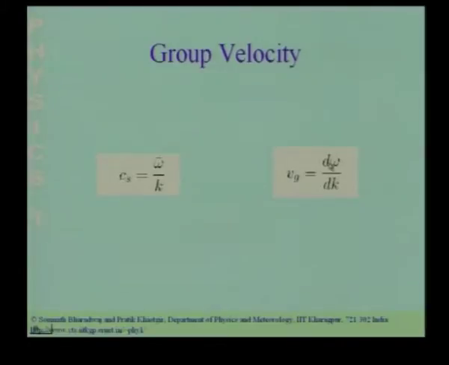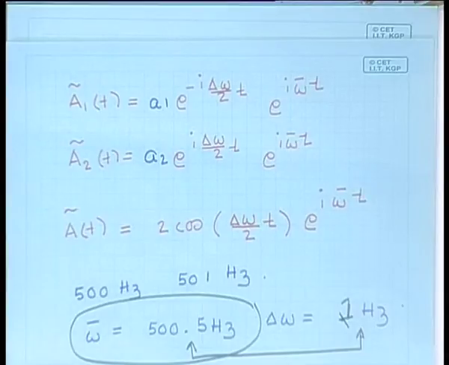This ratio is called the group velocity d omega by dk, and this tells us the speed at which the modulation propagates, and this is usually the speed at which you can send signals using the wave. So, this is called the group velocity.